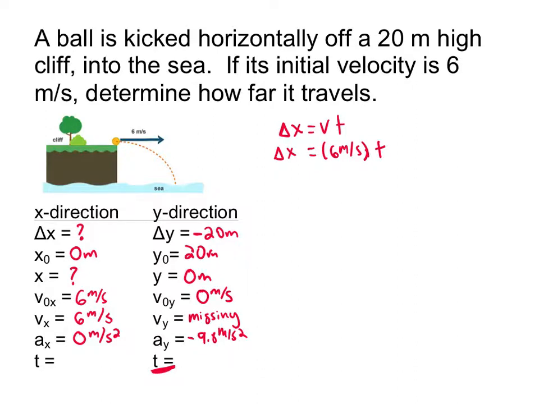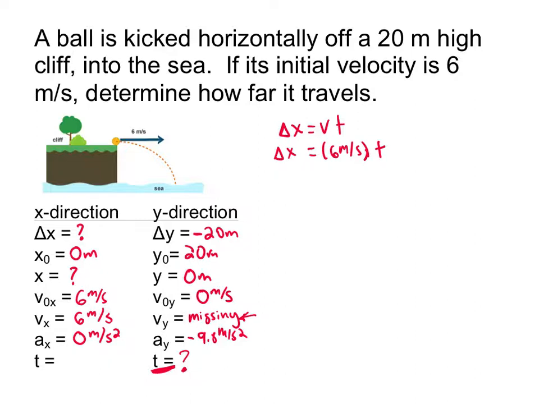So working in the y direction, we have another question mark here, because now we're going to put on hold finding our delta x, our horizontal position, because right now we need to find time first.